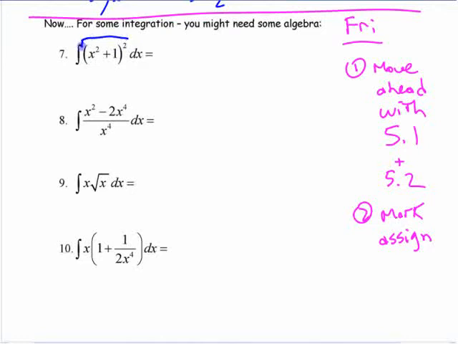This looks like something that, if it was finding the derivative, you could use the chain rule. But here, the only thing you can use at this point is to just expand the thing: x to the fourth plus 2x squared plus 1. And then find the integral of that, which I'm sure you can do.